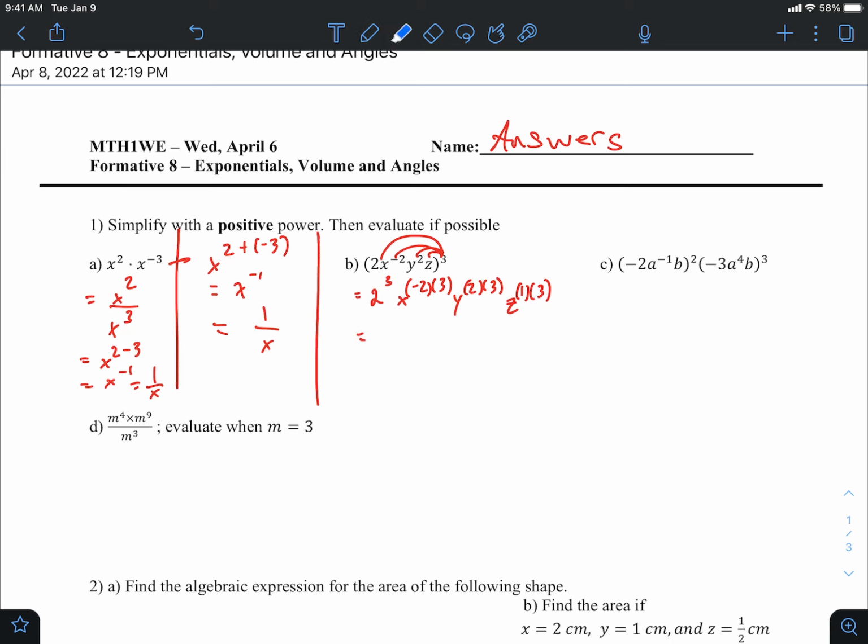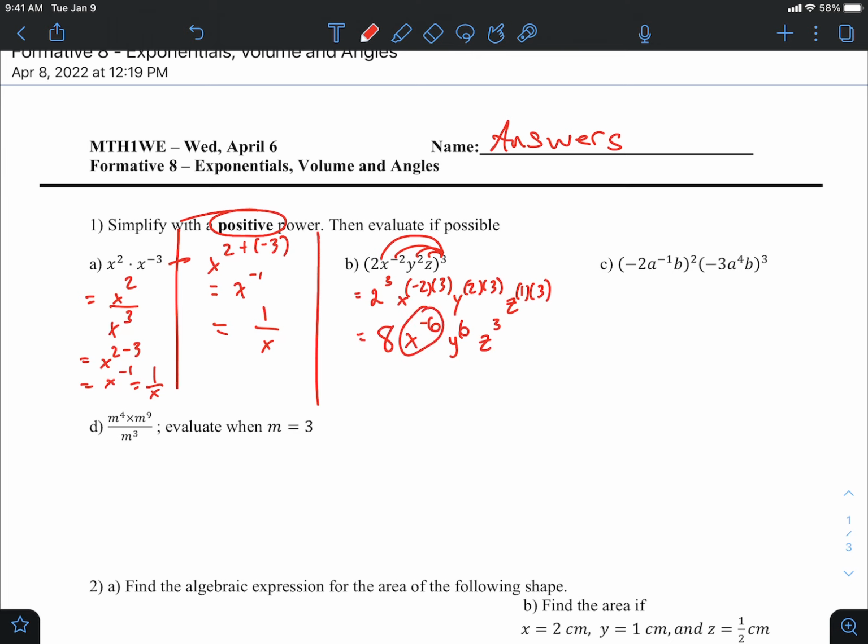2 cubed is 8. x to the negative 6. y to the 6. z cubed. Okay? And then remember the question explicitly says with a positive power. You leave it like that, I'm taking marks off. It says with a positive power, so don't leave it with any negative exponents.